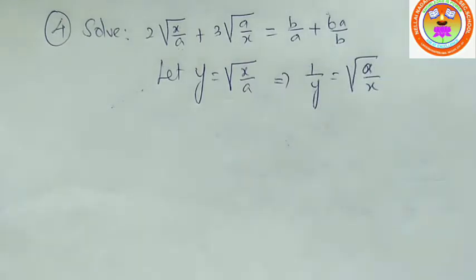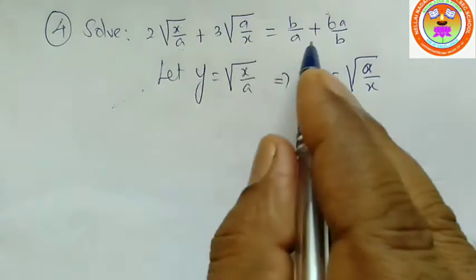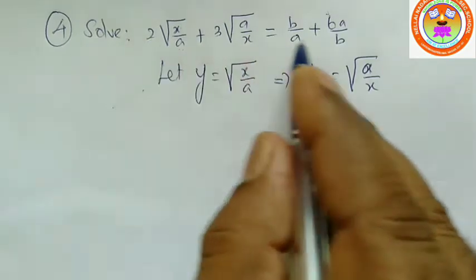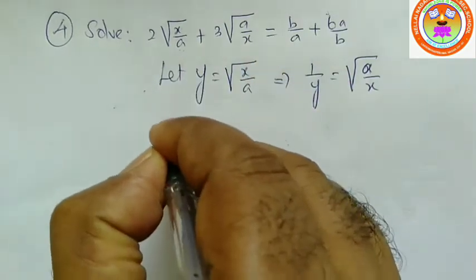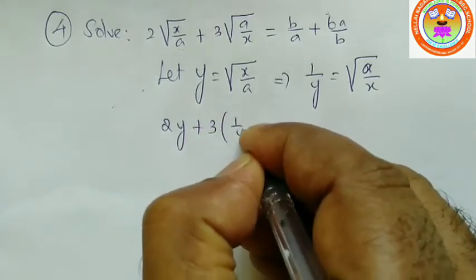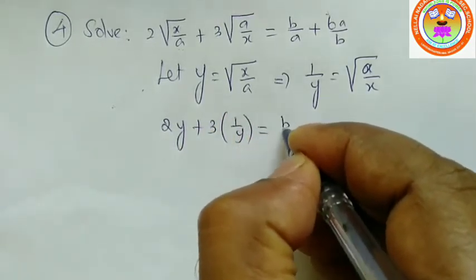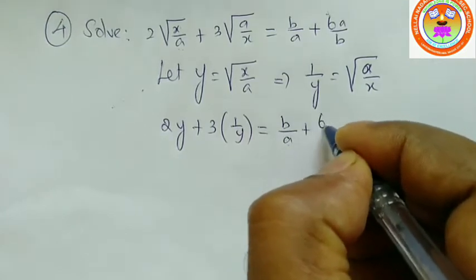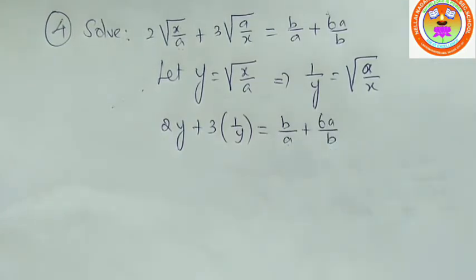So the given equation becomes 2 into y plus 3 into 1 by y, which is equal to b by a plus 6a by b.